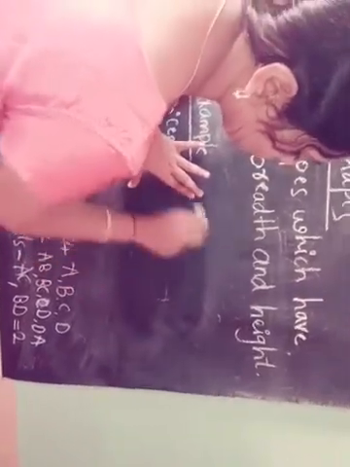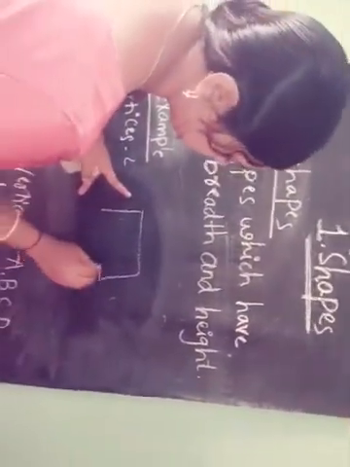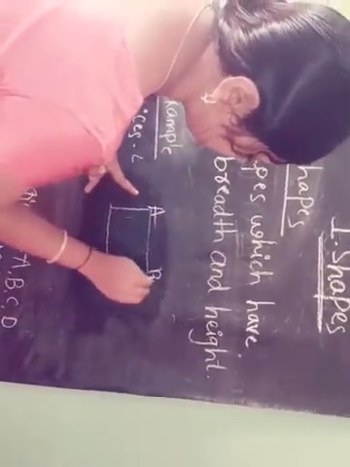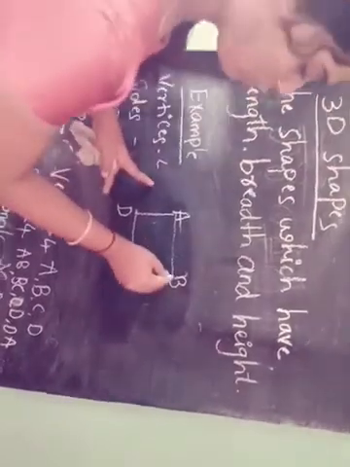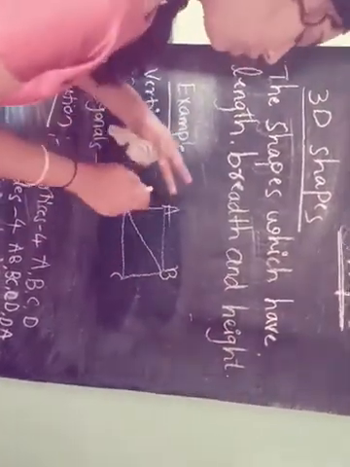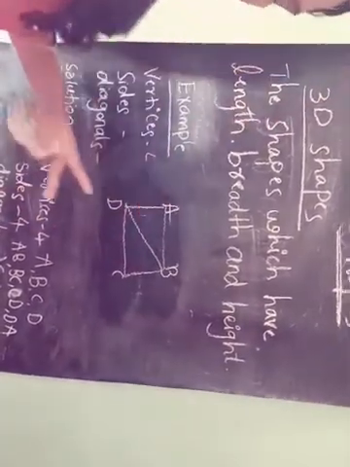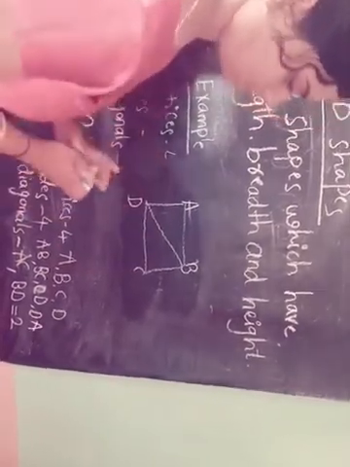Name the diagonal from B means you can show only from B to D. Name the diagonal from A means you have to draw only A to C. If they asked only diagonals means you have to mention both BD and AC.